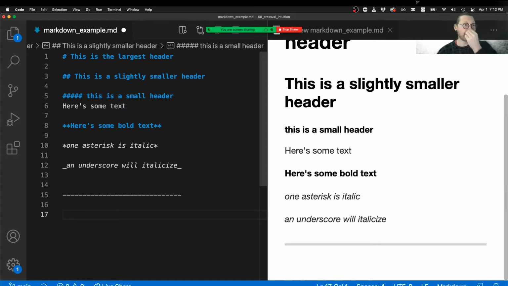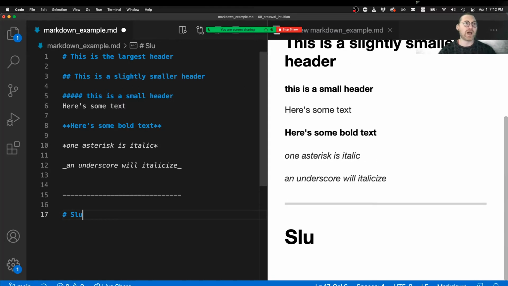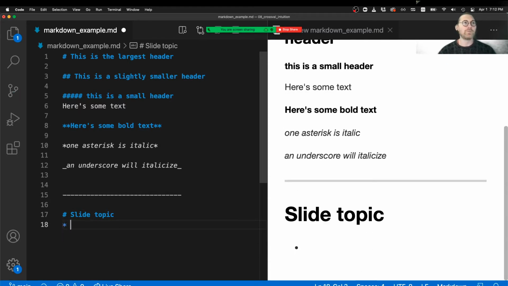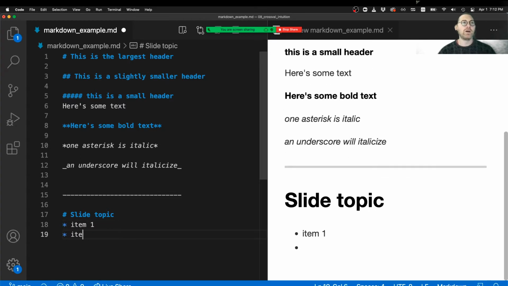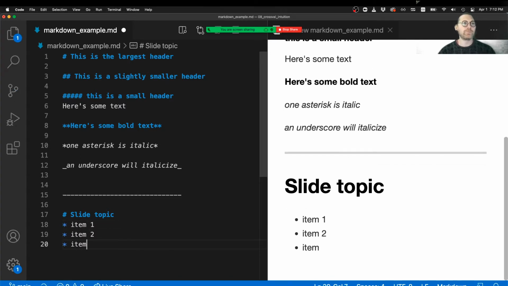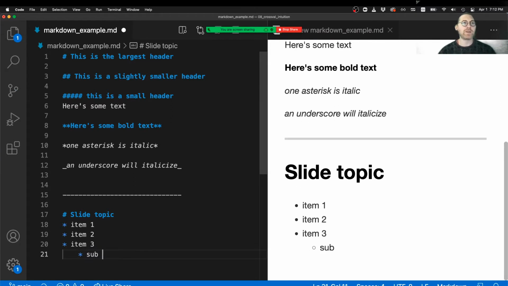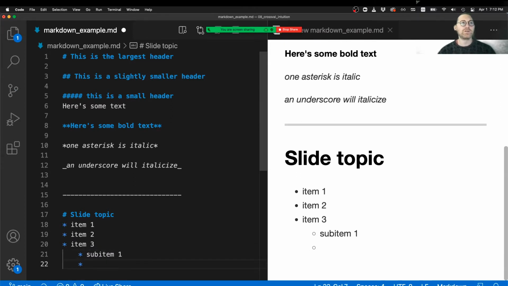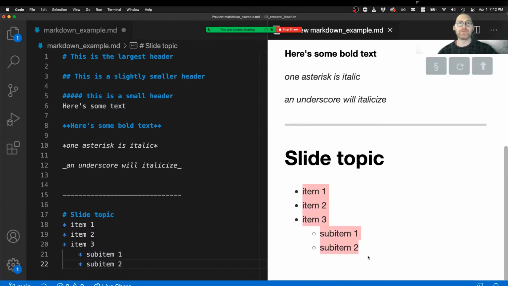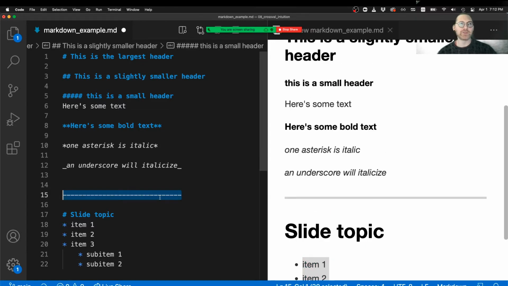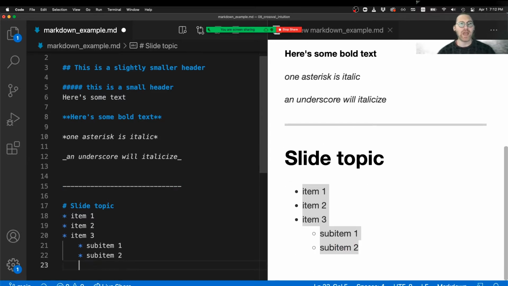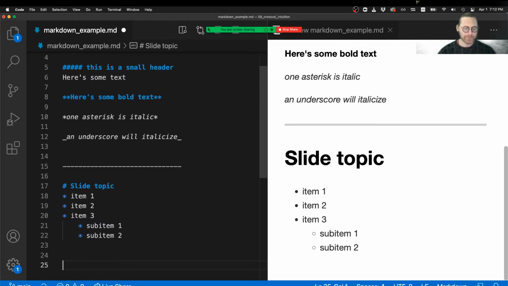In this case, if I want to make a slide, here's a slide topic, and then item 1, item 2, item 3, and a sub item, right? Sub item 1, sub item 2, and so on. So this makes a very simple, easy to construct slide deck, and we just find that a lot easier to maintain as we evolve the materials.